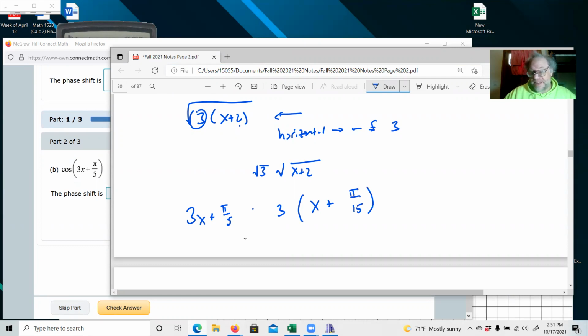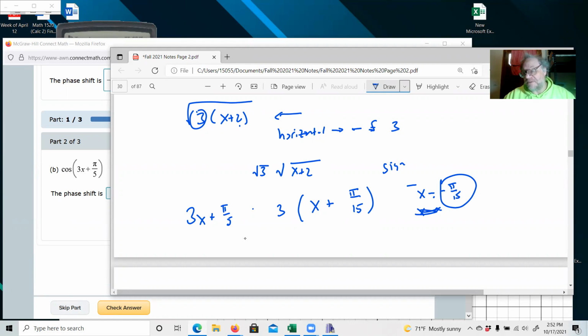The reason it's a negative is that really what you're looking for is x minus a negative pi over 15. That negative belongs to the phase shift formula, and then we adjust the sign to tell whether it's going to the left or the right.